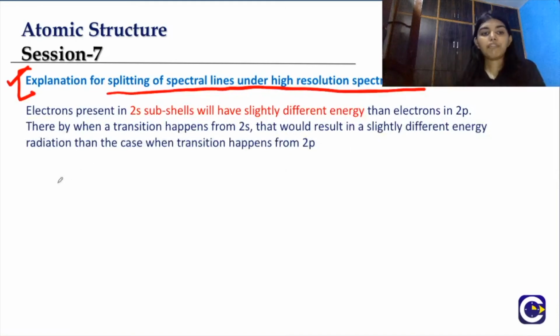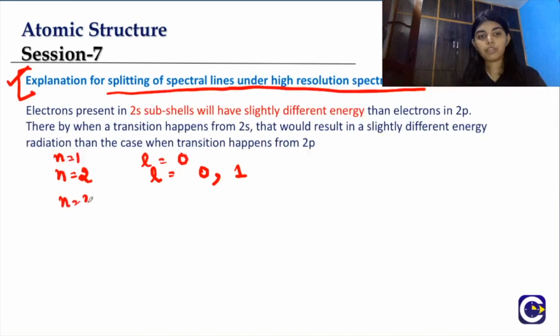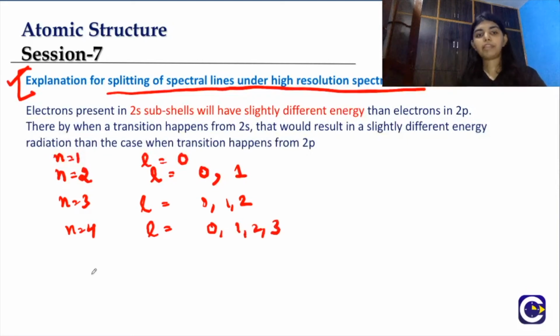So let us say n equals 2, L equals 0 and 1. n equals 1, L equals 0. n equals 3, L equals 0, 1, 2. n equals 4, L equals 0, 1, 2, 3. And n equals 5, L equals 0, 1, 2, 3, 4.